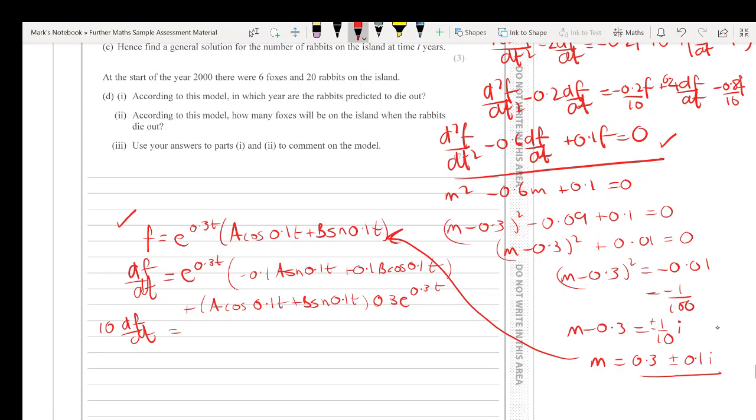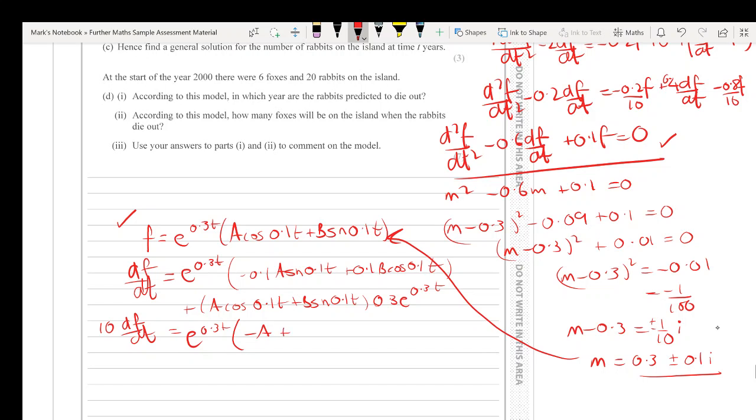If we times this term by 10, that just becomes minus a, and this term, so we're going to get e to the 0.3t. And if I factorise out the sines and the coses at this stage, first let's choose the sines, currently got a minus 0.1a, which when we times by 10 becomes minus a.